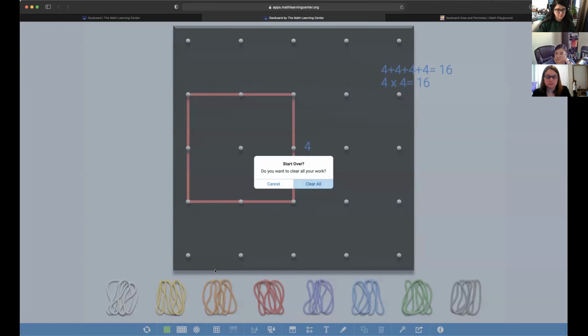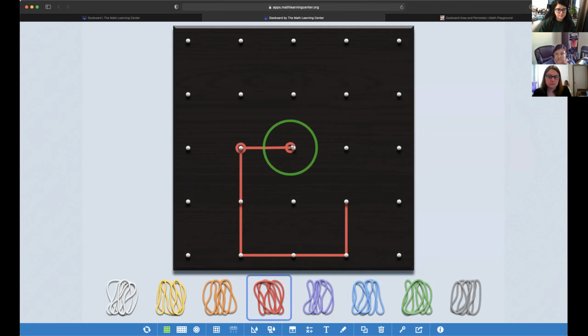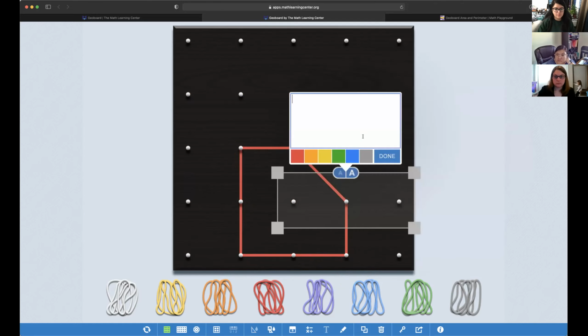So now I'm going to show you guys one of those odd shapes that we talked about, and I'm going to give you guys the total perimeter, and we're going to look at how we can solve for missing side lengths. So let me just make something here. So we saw something like this on the PowerPoint.